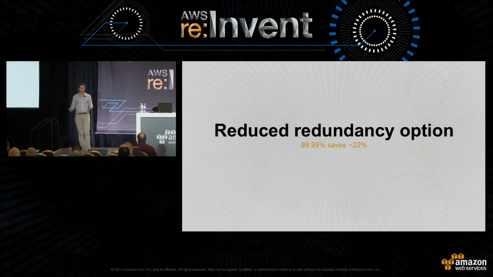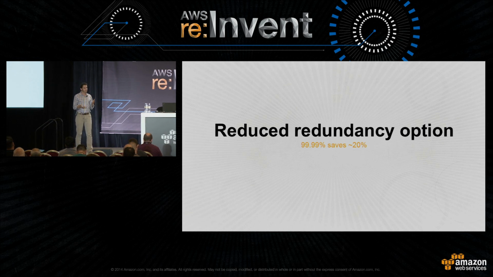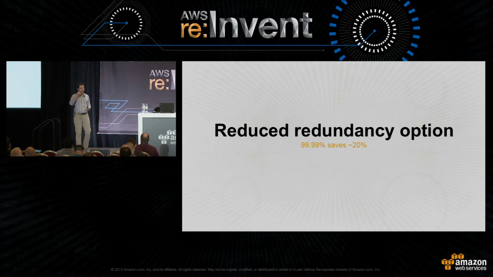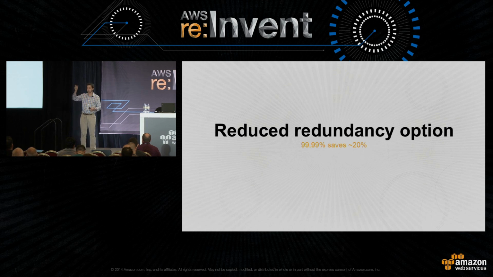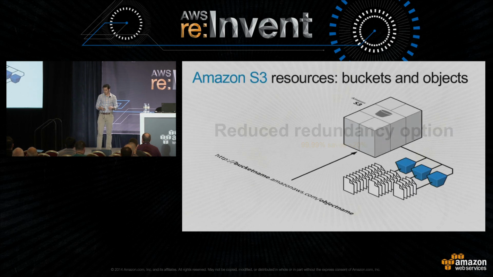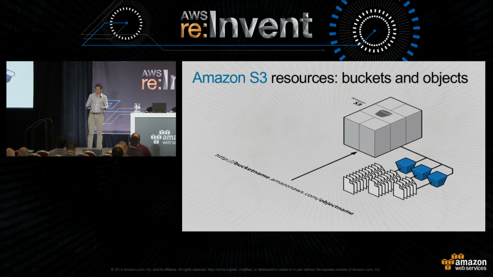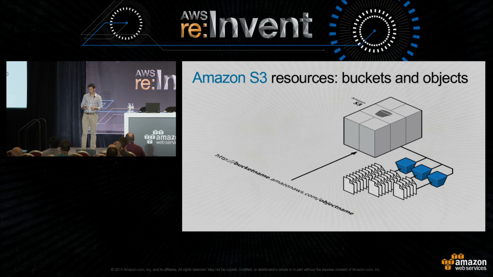What that gives you is roughly a 20% average discount on our public pricing, and you only get 4 nines of durability. Still a lot better than most clustered systems, but not as good as the 11 nines of S3 standard. And it's very easy for you to transition an object from standard to reduced redundancy. It's basically just a property of the object. So if you change your mind, it's still very easy to make the adjustment.